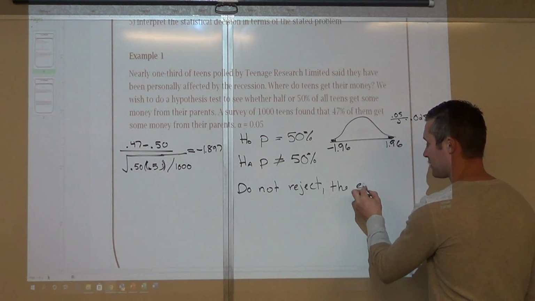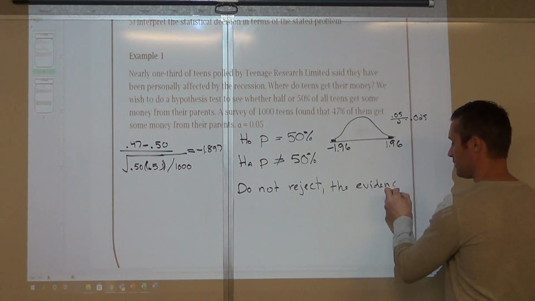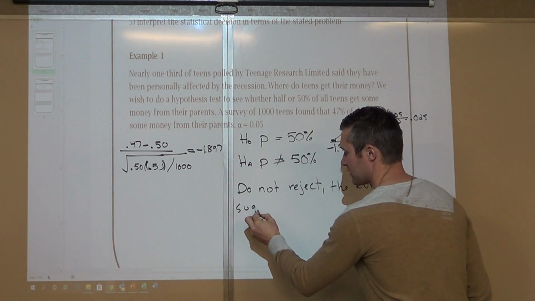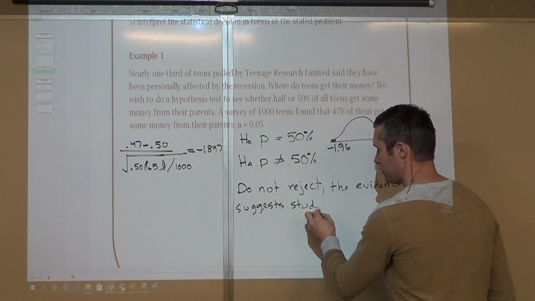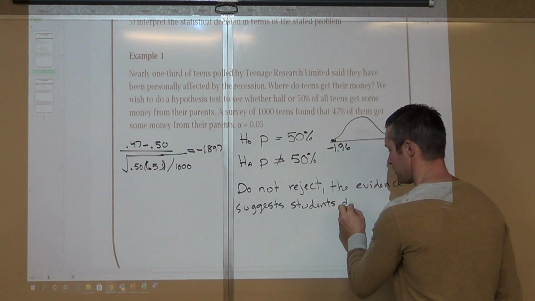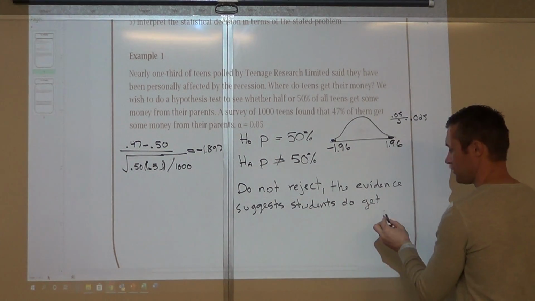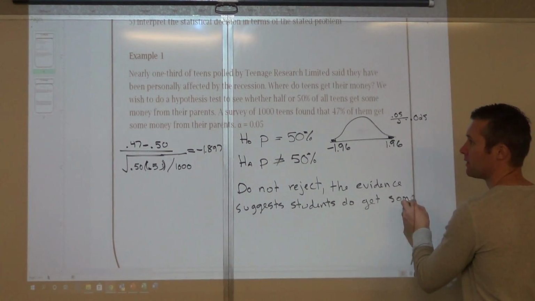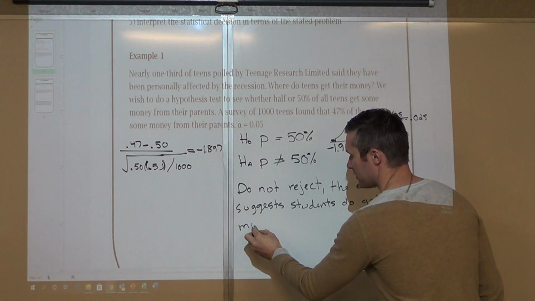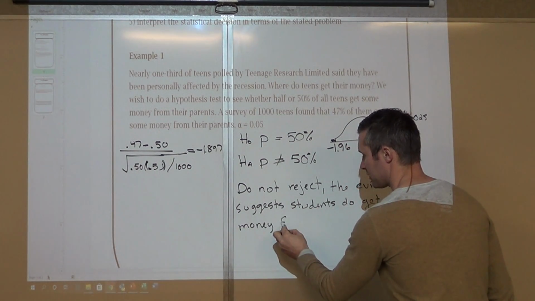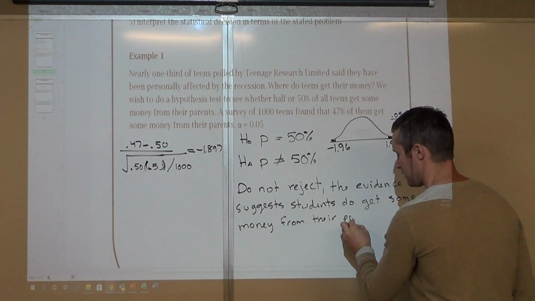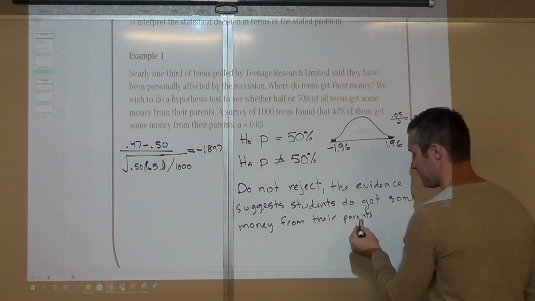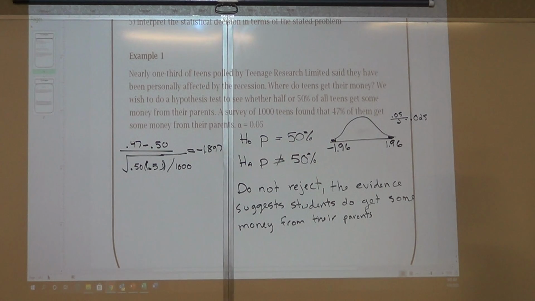The evidence suggests students do get some money from parents. And there is no significant difference. So when you do not reject, we're saying no significant difference.